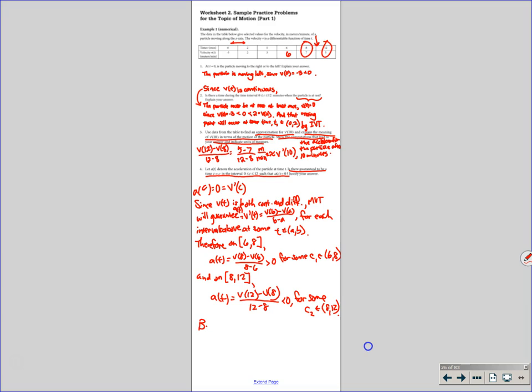By IVT, because we already stated that velocity is both continuous and differentiable, right? By IVT, since acceleration is continuous, and Adam, you said it, there is a sign change.